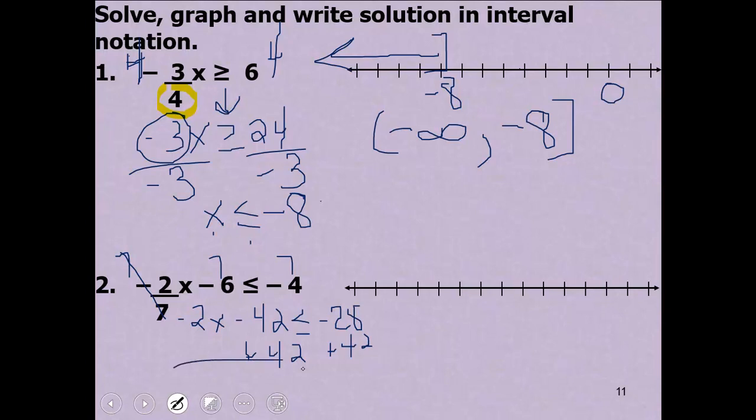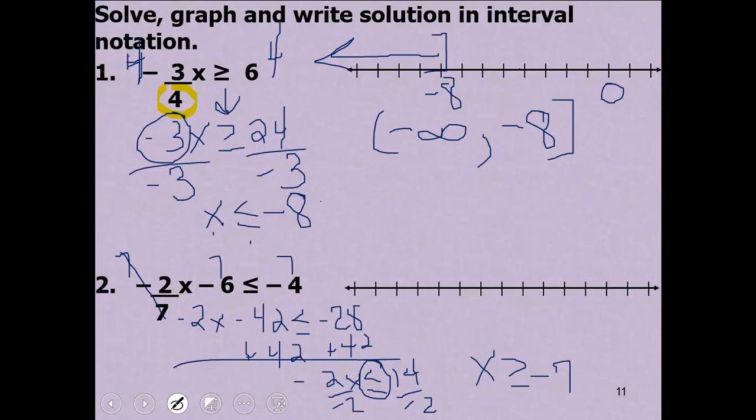And I get negative 2x is less than or equal to 42 minus 28, which is 14. Now I'm going to divide by a negative 2. At this point, I must flip this inequality. So I have x is greater than or equal to negative 7.